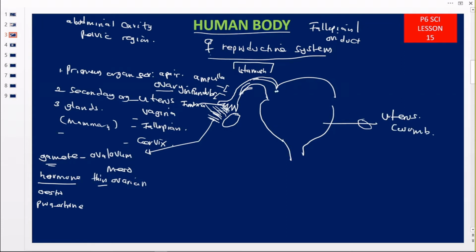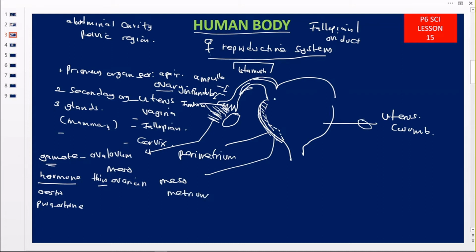This uterus is made up of three layers. We have this outer layer, which is called the perimetrium. Then we have the second layer here, which we call the mesometrium.